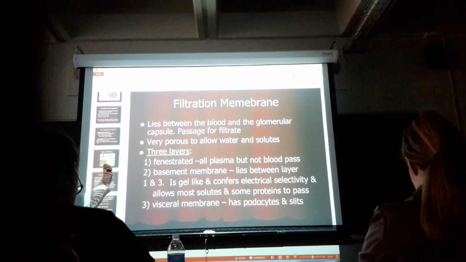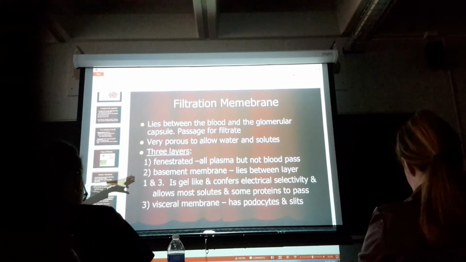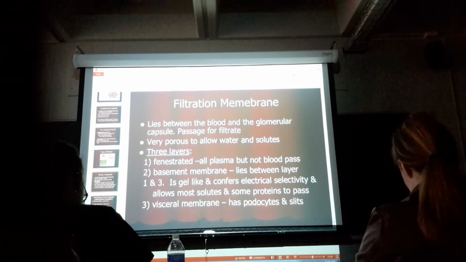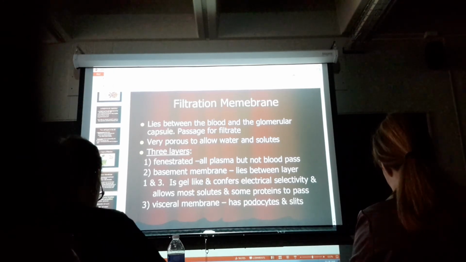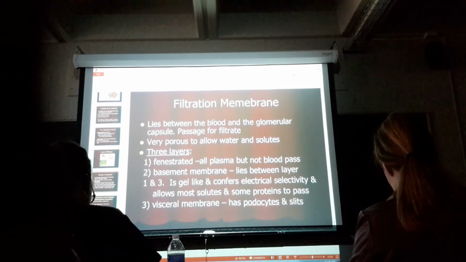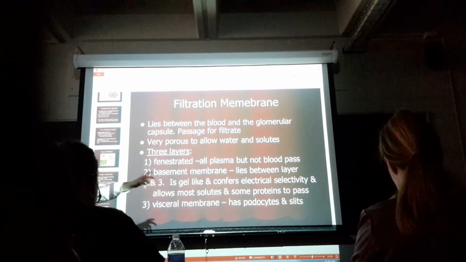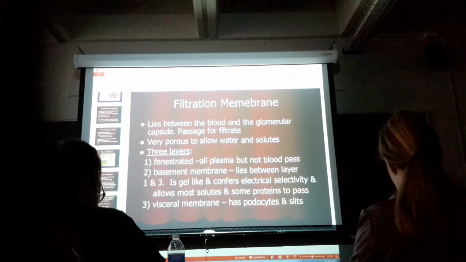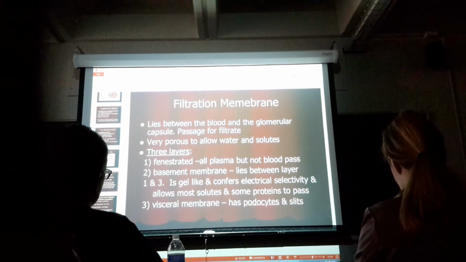Proteins are staying outside. It's anchored by that basement membrane, like we saw in tissues a long time ago. And then in that basement membrane, in between the fenestrated layer and the vessel, it's like a gel-like substance. That helps with the electrical activity of all our ions, our sodiums and our potassiums and all that. So that gel is going to help talk to the ions.